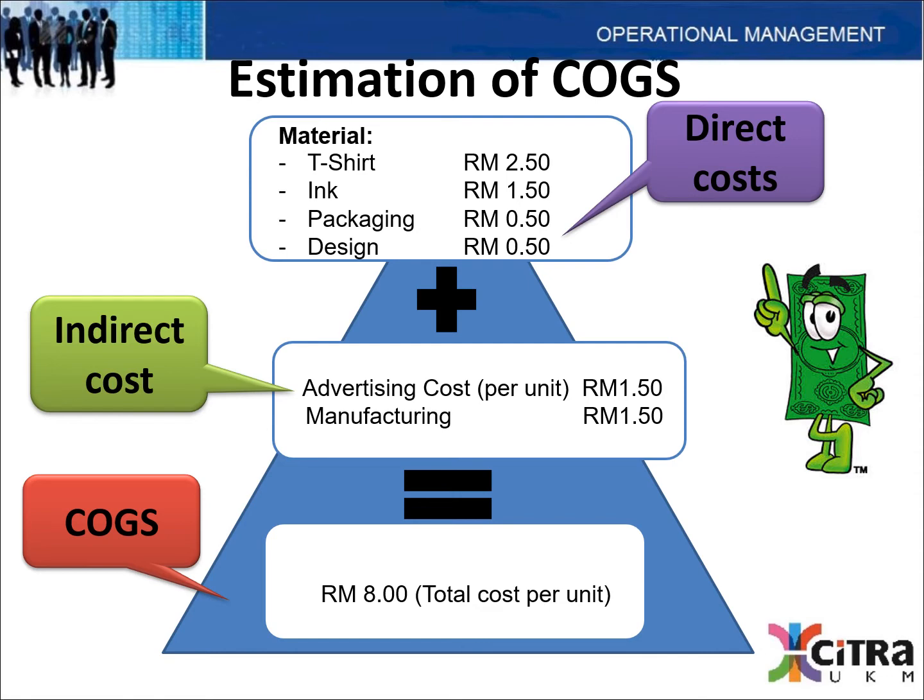For example, the t-shirt is 2 ringgit 50 cent, the ink is 1 ringgit 50 cent, the packaging and design, and then you also need to add the indirect cost, which here is advertising cost. Normally it is calculated per unit, and manufacturing. Both are 3 ringgit. So totaling up, the cost would be 8 ringgit. So this is a cost.